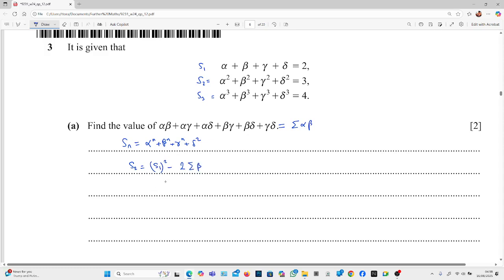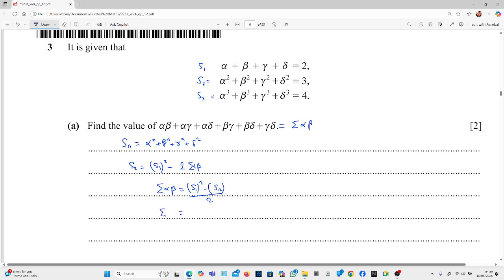So if we rearrange this formula, it's going to become the sum of alpha beta is equal to, this goes on this side, this comes here, so S1 squared minus S2, and all of that divided by 2.